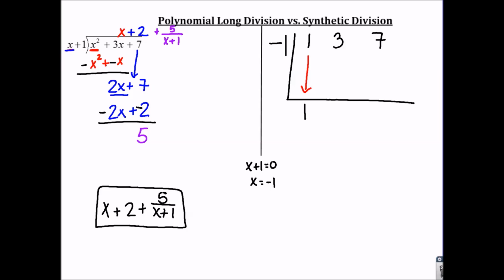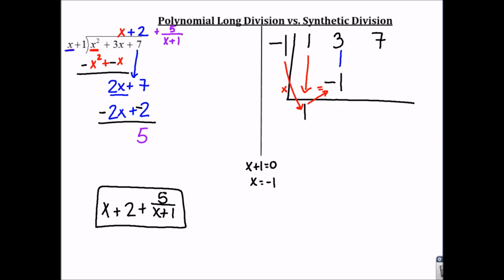Then, whatever number you have here, you're going to multiply by the number outside the L. So negative 1 times 1 is negative 1. And I'm going to write that answer under the next column. So what I did was negative 1 times 1, and I wrote my answer over here.